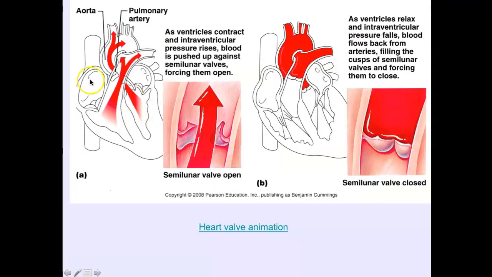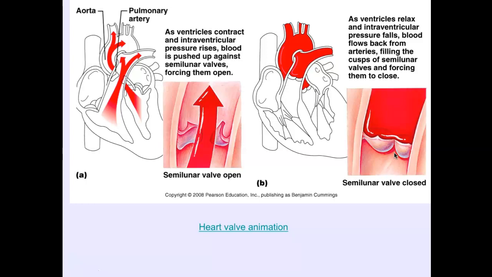Let's look at this, right? So when you are pushing the blood through a pulmonary valve, the cusps are very delicate and they're just going to allow the blood to flow through. They're going to be pushed aside. But when the blood settles back down, these are basically the shape of a cereal bowl, right? They're little bowls and they're going to catch the blood. And there's 3 of them, and when they fill with blood, they're going to completely occlude the blood vessel.